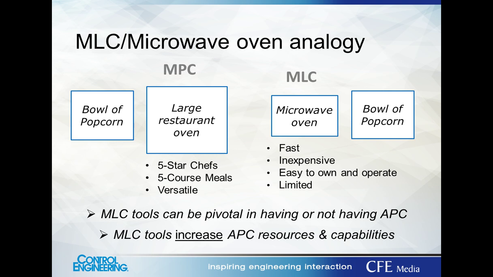It makes your automation dollar go farther. And most importantly, it engages more people in the automation effort. So it actually increases resources and capabilities, just like a microwave increases kitchen capabilities. Virtually every kitchen has one.